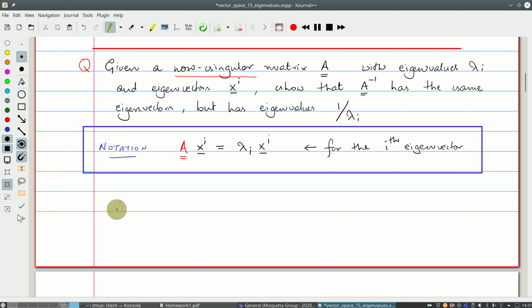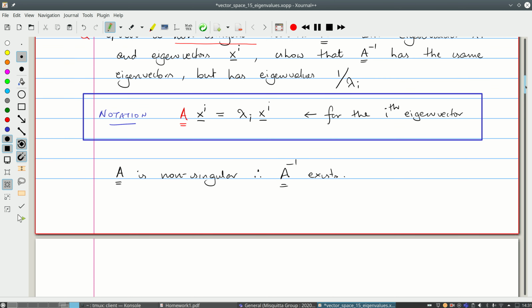Because A is non-singular, therefore A inverse exists. All right, so that's the first thing we note.